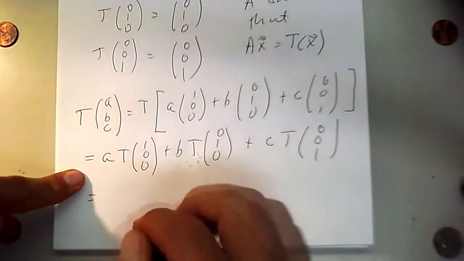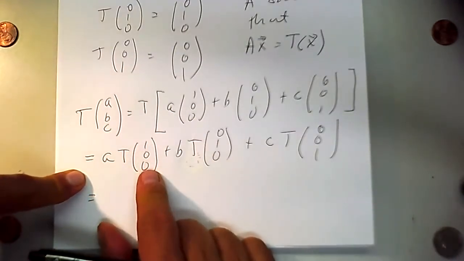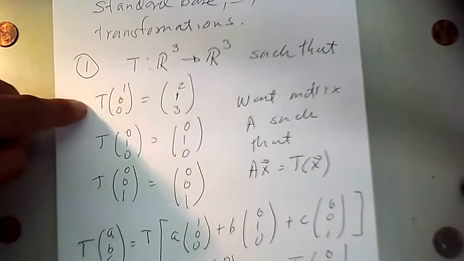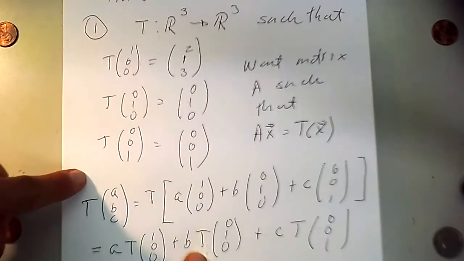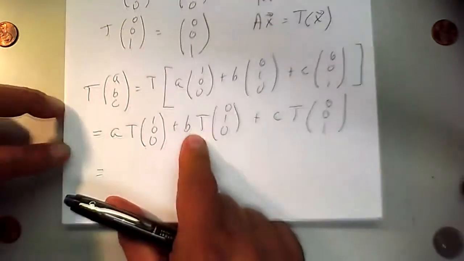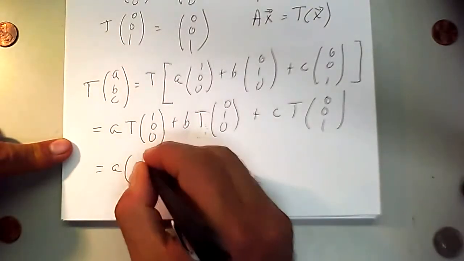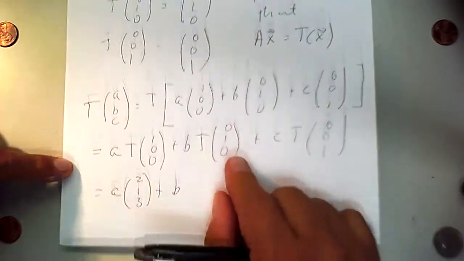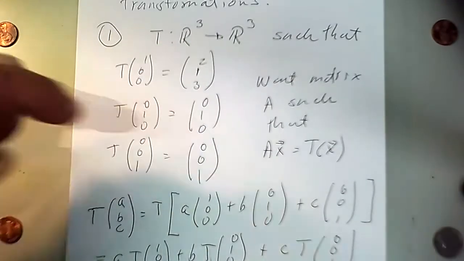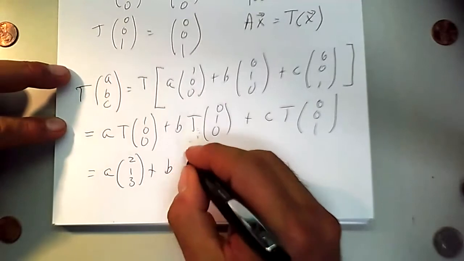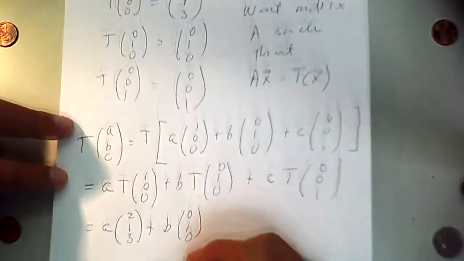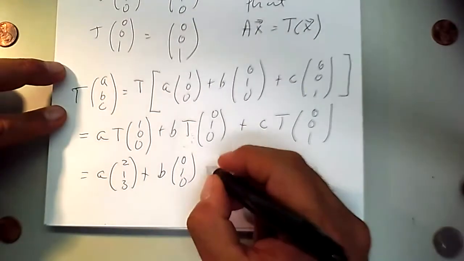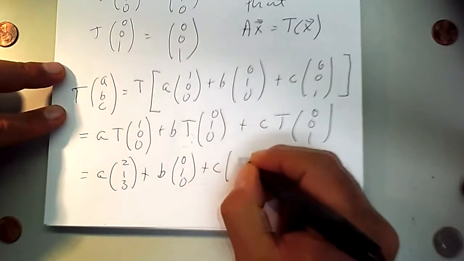Now, T of (1, 0, 0) they gave us in the problem. It is (2, 1, 3). So we have A times (2, 1, 3) plus B times (0, 1, 0), which stays as is, and so does (0, 0, 1), plus C times (0, 0, 1).